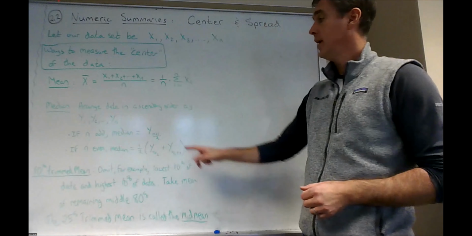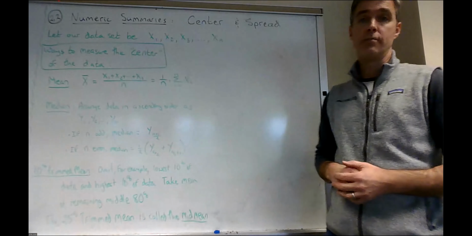Now, it's also possible that I want to make sure I'm not giving too much emphasis to outliers. So I might wish to trim off the lowest data values and the highest data values and then take some kind of average of what's in between. This is called a trimmed mean.